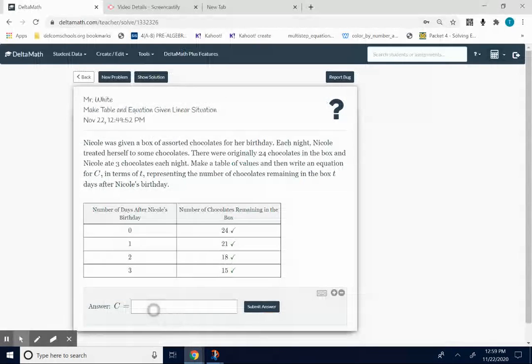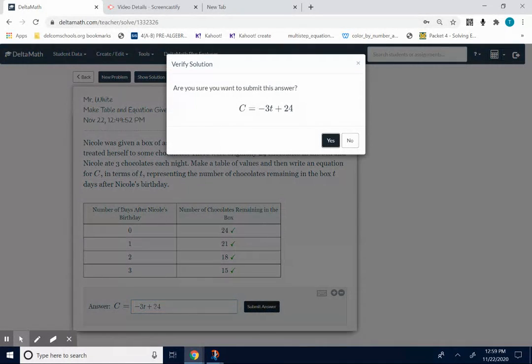We can type in c equals, you don't have to type in c equals, but we want to put in the slope of -3. Instead of x, we're going to put in t. And at the end, we're going to put the y-intercept, which is a positive 24. So our equation is c equals -3t plus 24. -3 is the slope, 24 is the y-intercept. You're going to submit your answer.